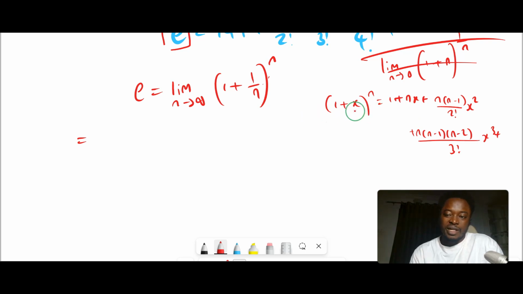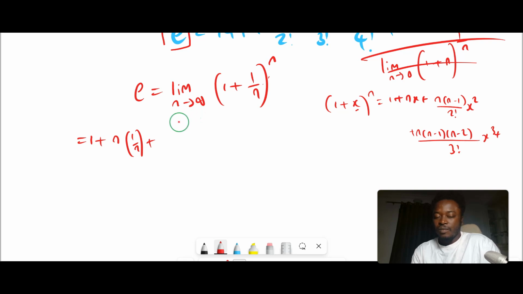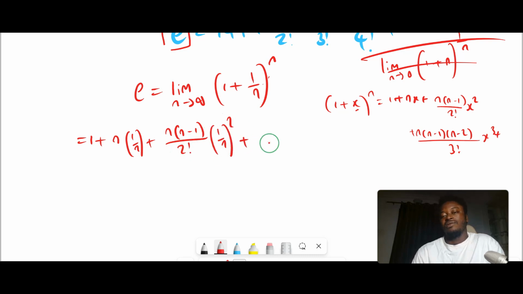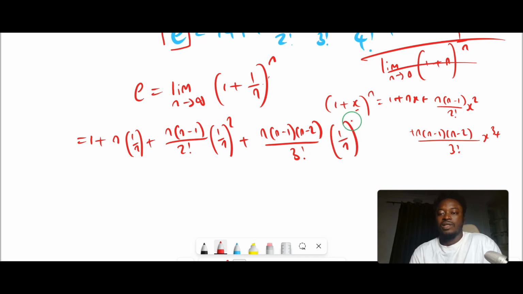So here we're going to use x as 1 over n. So this will be 1 plus n times 1 over n, plus n(n minus 1) over 2 factorial times 1 over n to the second power, plus n(n minus 1)(n minus 2) over 3 factorial times 1 over n to the third power.